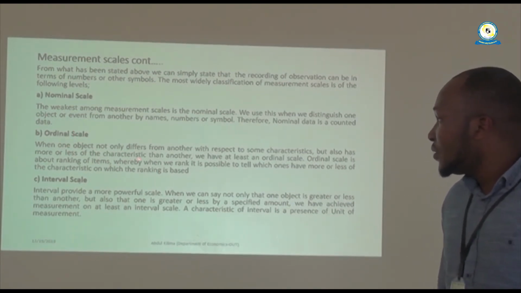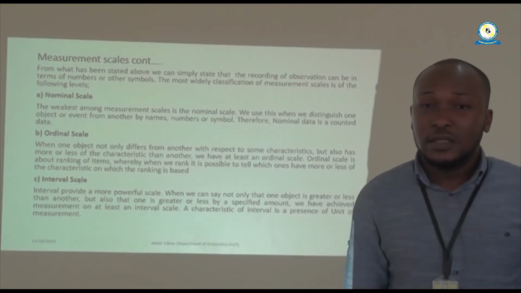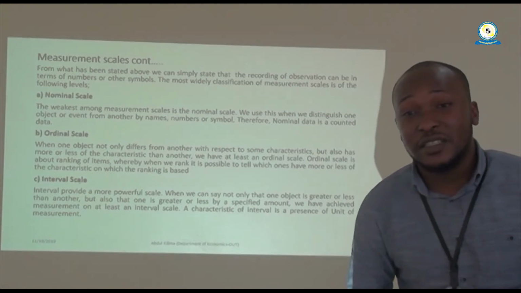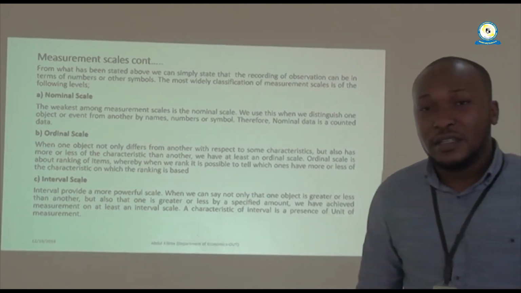So in the ordinal scale, we don't just end on what that one object differs from another in respect to some characteristics, but we will also look upon more or less of a characteristic than another.